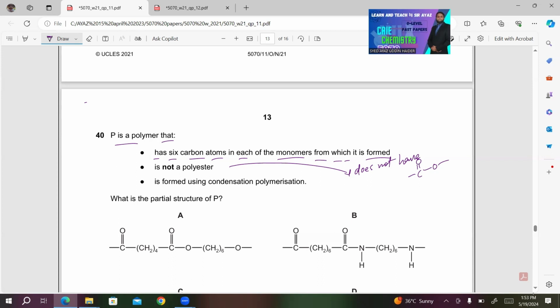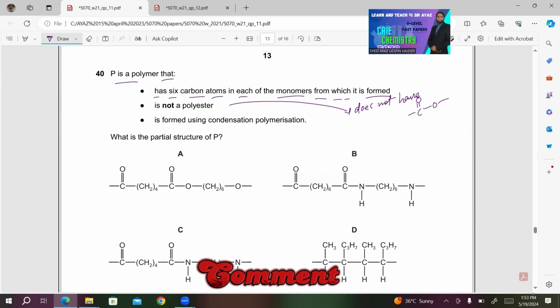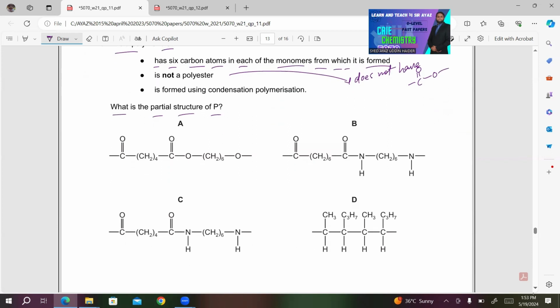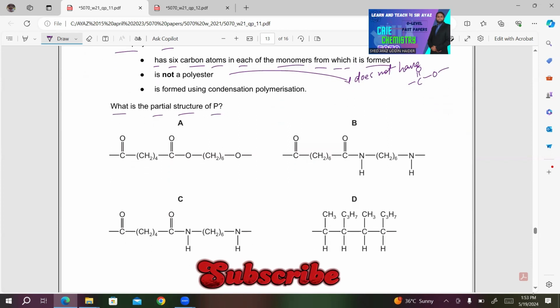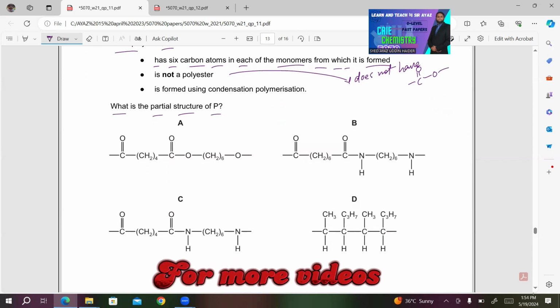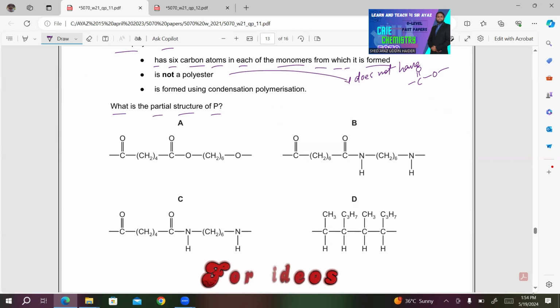It means it must have a linkage which involves the release of a simple molecule like water or HCl. It's a condensation polymer. So what is the partial structure of P? So straight away you will omit the choices which contain C double bond O, O. So A can't be the right answer. And what about D?